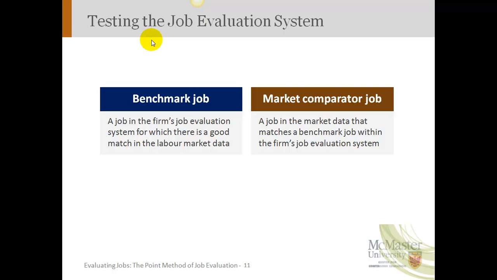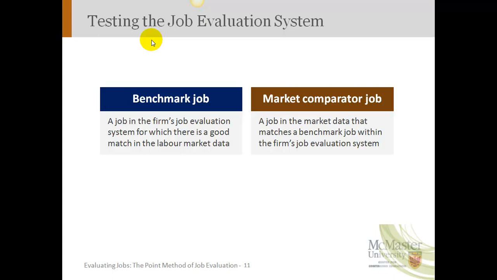You won't find out how many points another hospital or another institution in your industry scores the job. They're probably using a very different job evaluation system than you are. But at least you'll know in your own organization how many points the job scored and what you're paying it. And then you can use that as the basis to go out and say, well, now I know what I'm paying these jobs and how many points they score.